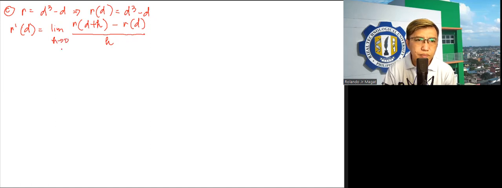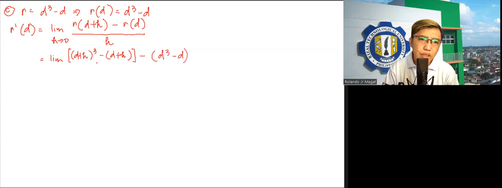Okay. So we know that this is just the limit of, just plug in again. We have (d plus h) quantity cubed minus (d plus h). I need to put the parentheses. Okay. Minus (d cubed minus d) all over h as h approaches 0. Okay.